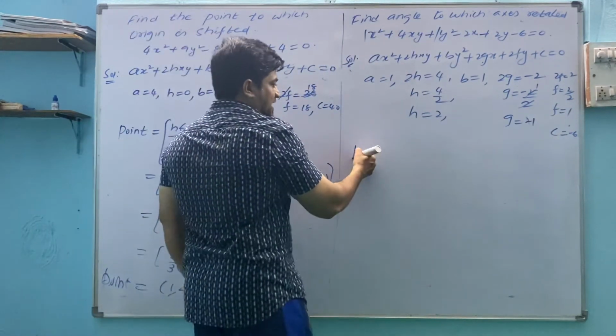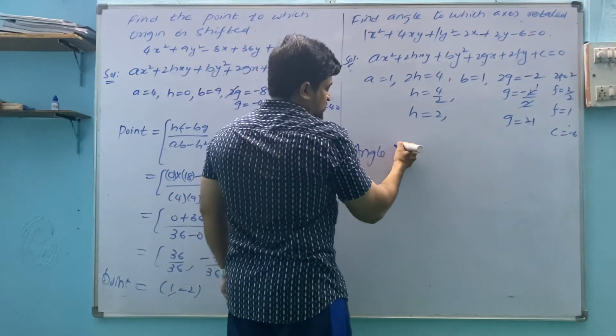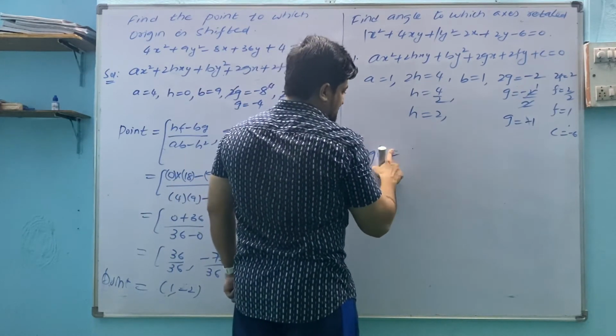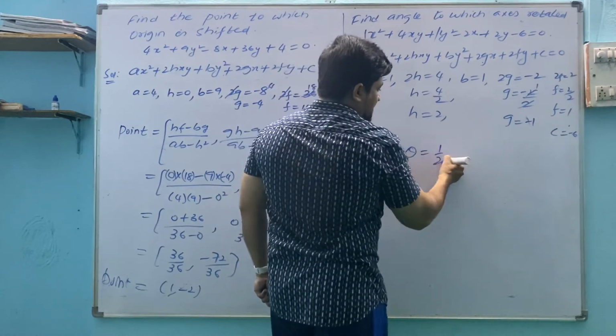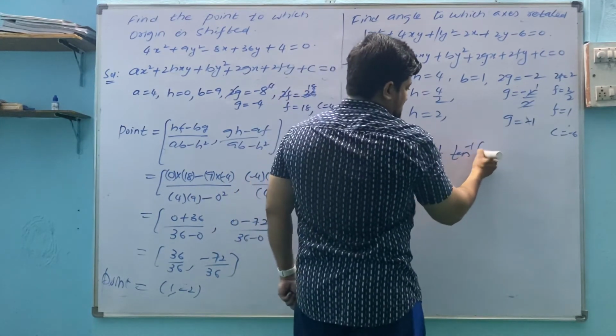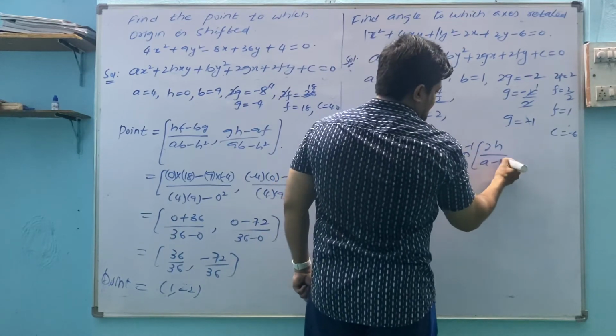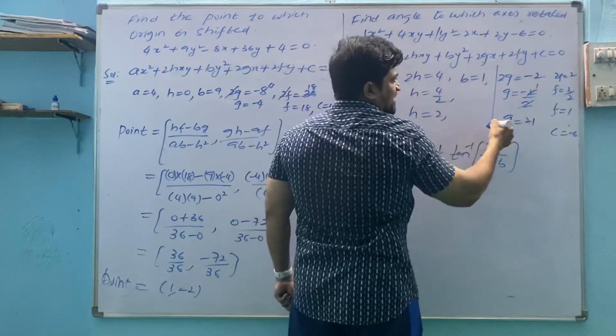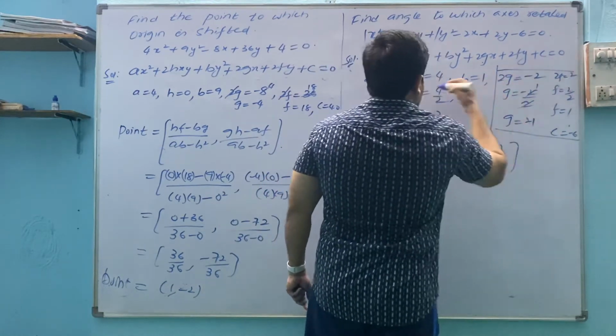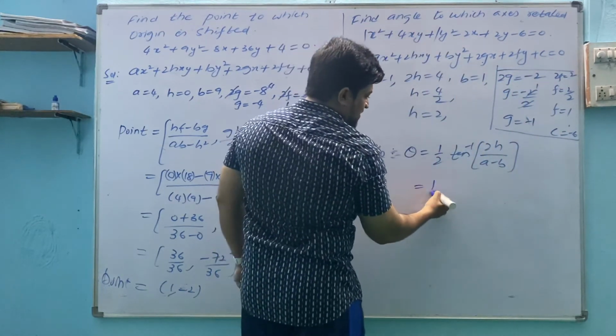Now you can write the angle to which the axis is rotated. Theta equals 1 by 2 tan inverse 2h by a minus b. g and f are not used, so no need. If you don't find those values also, no problem. Only 3 values are used in the formula.